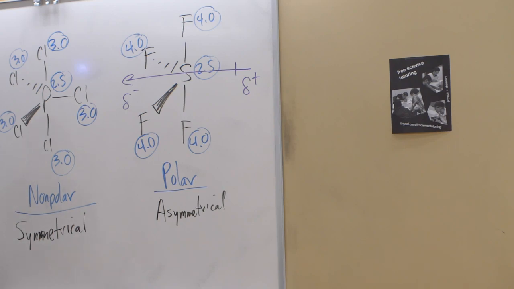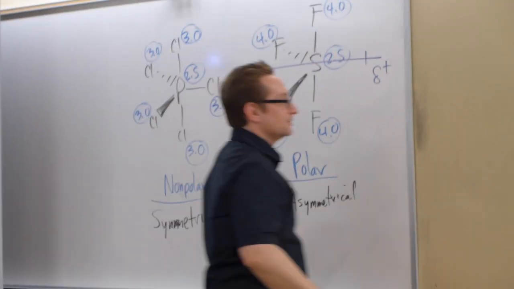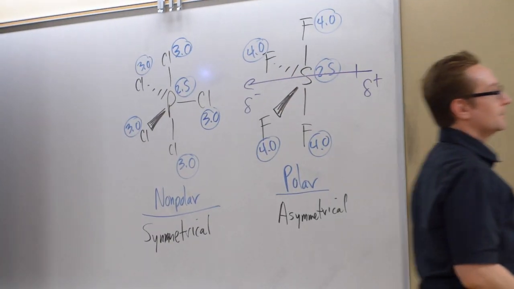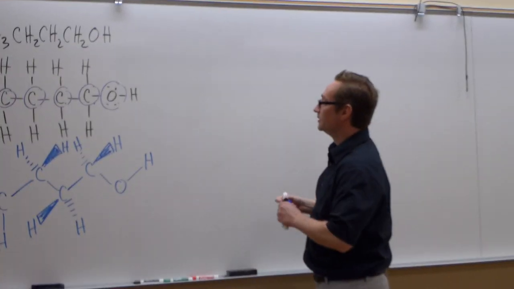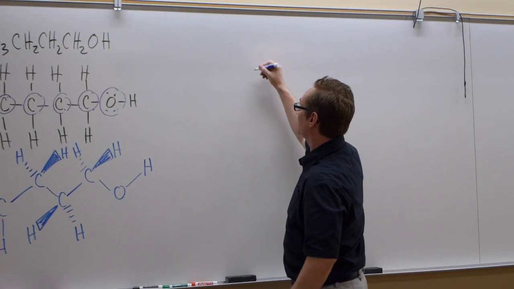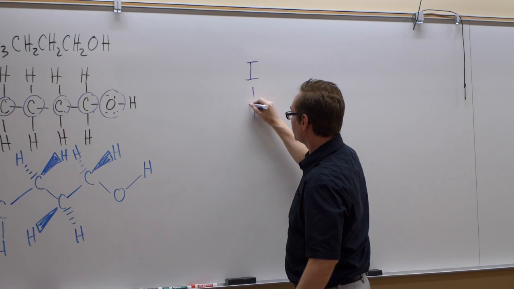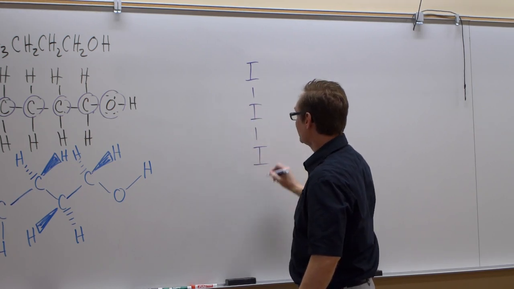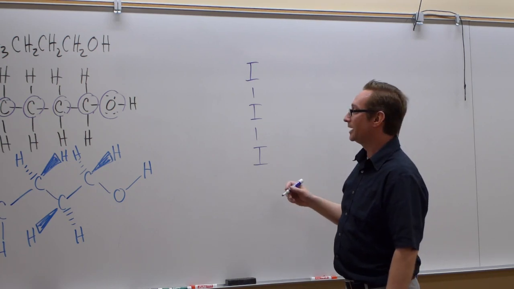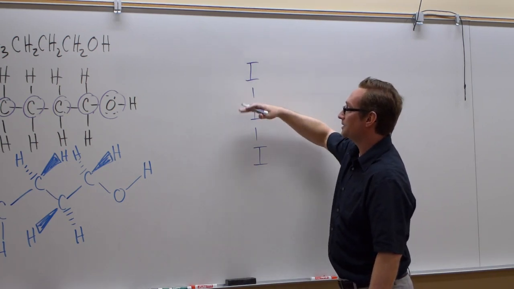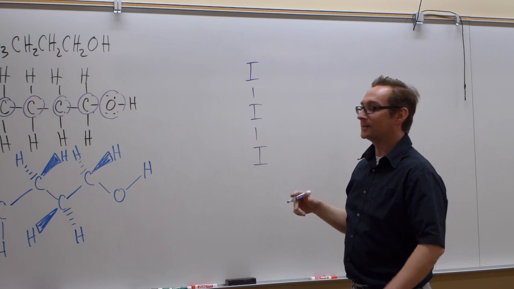I3 minus, last one. Is that symmetrical or asymmetrical? Okay, so we determined it was linear. This is definitely symmetrical, right? It's linear. I cut it this way, cut it that way. It's very symmetrical.